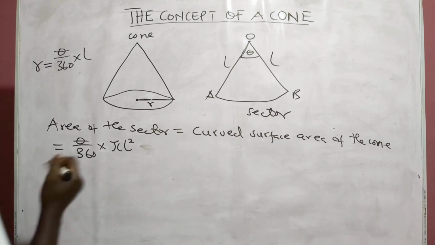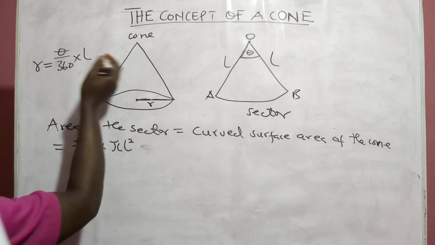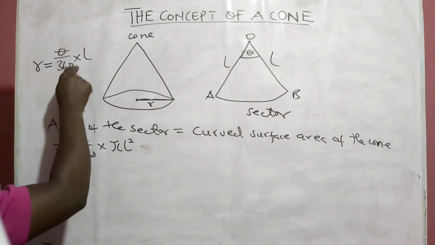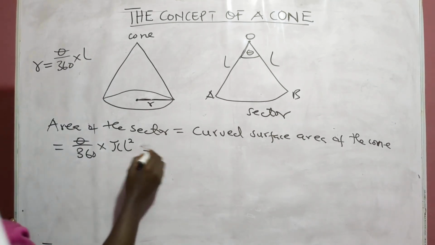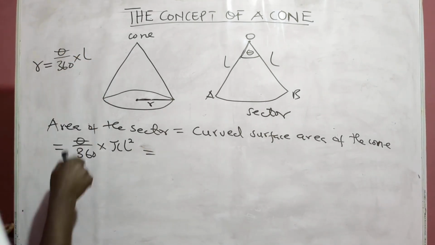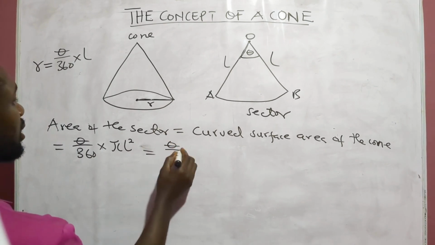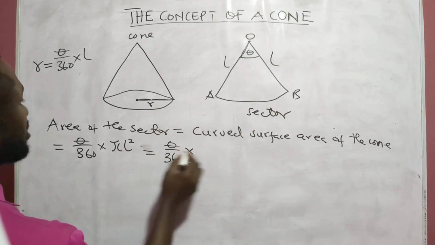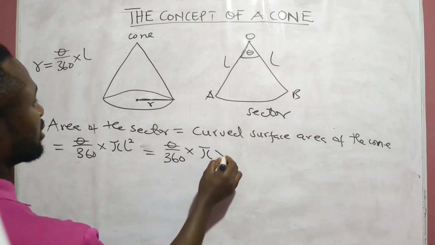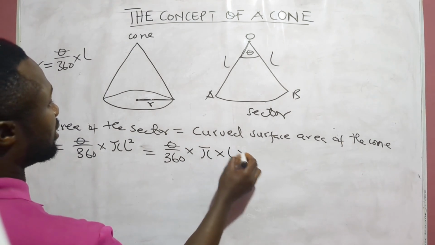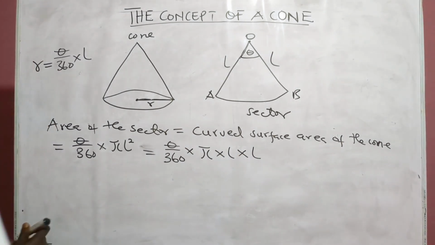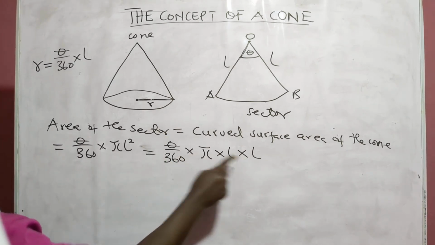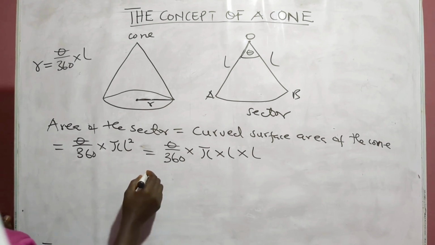So we know that the radius of the cone is theta on 360 times L. So we can substitute this: theta on 360 times pi times L times L. So this is what we have here.